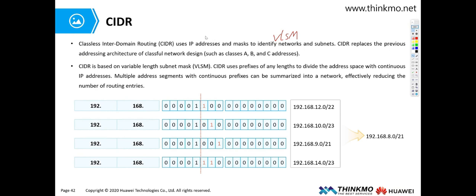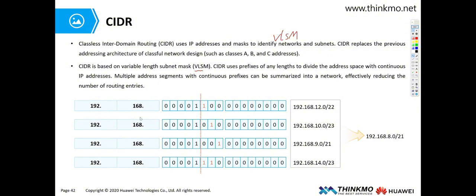In this context, CIDR uses IP values and masks to identify our network and subnets, including our hosts. CIDR replaces the old classful network design, such as Class A, B, and C. So CIDR is actually based on variable length subnet mask, VLSM. It uses prefixes of arbitrary lengths to divide the address space with continuous IP addresses.